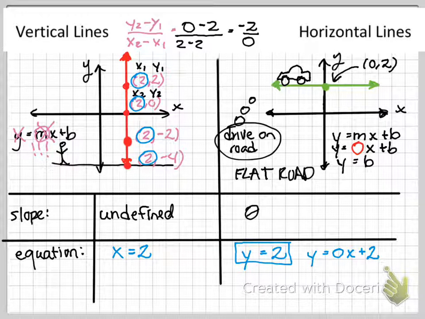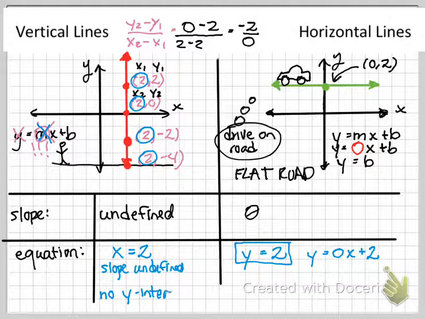Realize you can't do that over here with our vertical line because, again, we don't have a slope. Also, look, this is parallel to the y-axis, so not only is the slope undefined, but we also have the problem that since it's parallel to the y-axis, there is also no y-intercept.